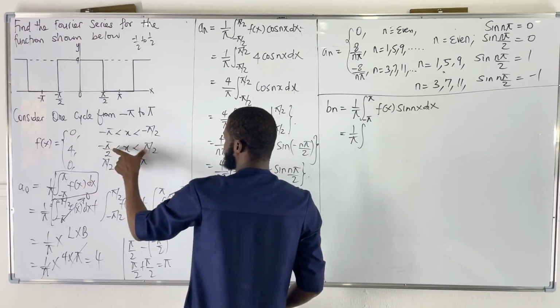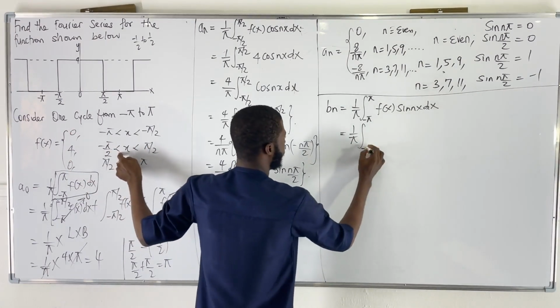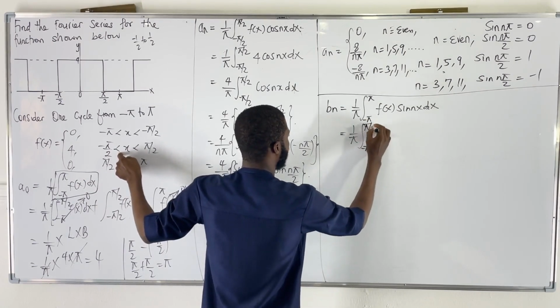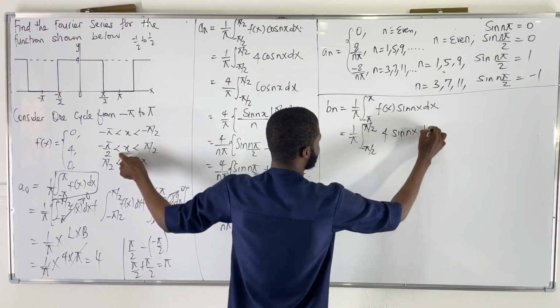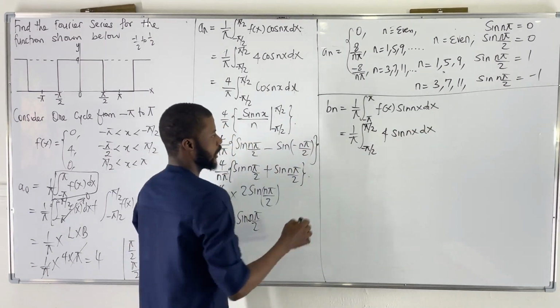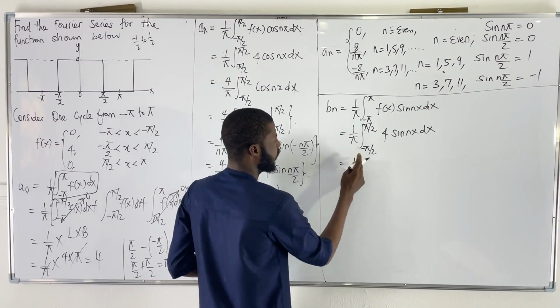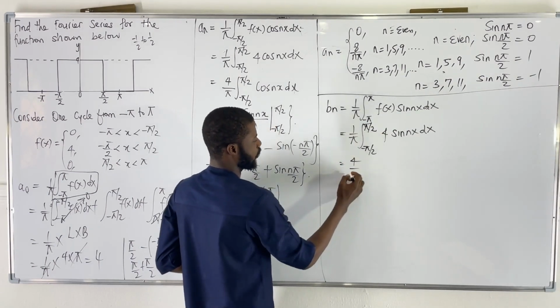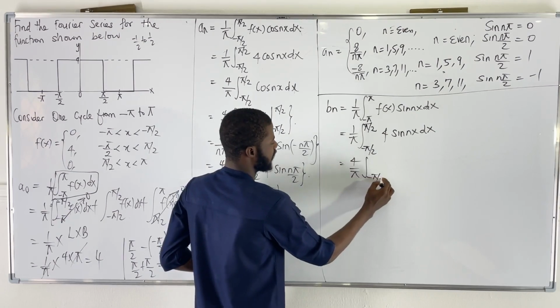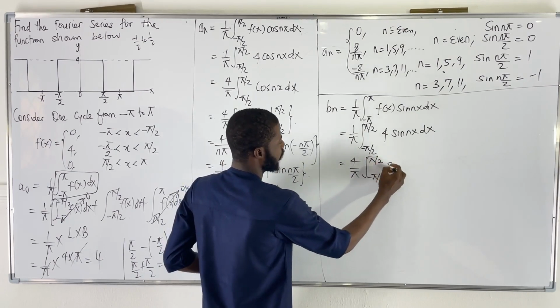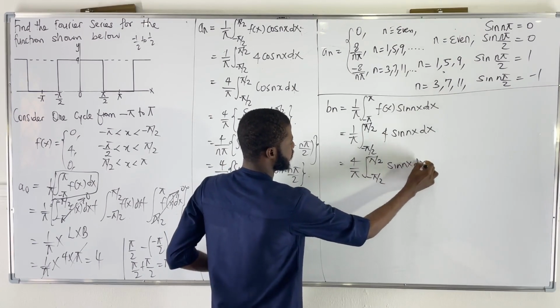So this becomes the integral from minus pi over 2 to pi over 2 of f of x, which was 4, times sine nx dx. The 4 is a constant, so it can come outside. So 4 over pi integral from minus pi over 2 to pi over 2 of sine nx dx.